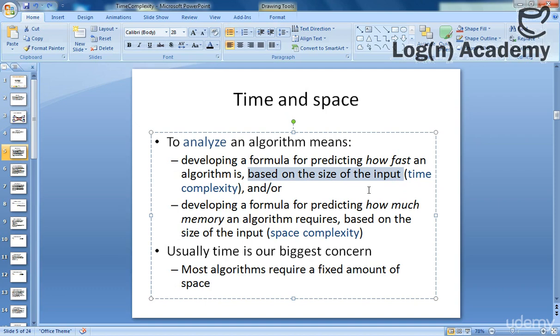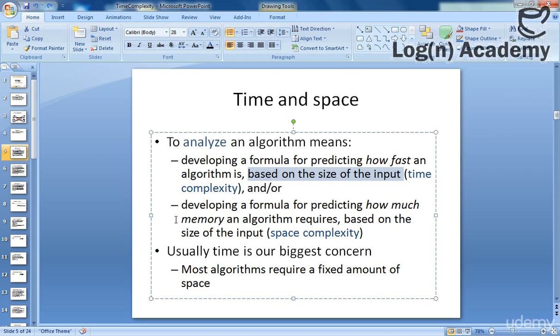Don't be confused if you are not getting anything here. We will see in depth how our programs run and how we can measure their effectiveness. So the first point is the time complexity, and we measure time based on the size of the input.